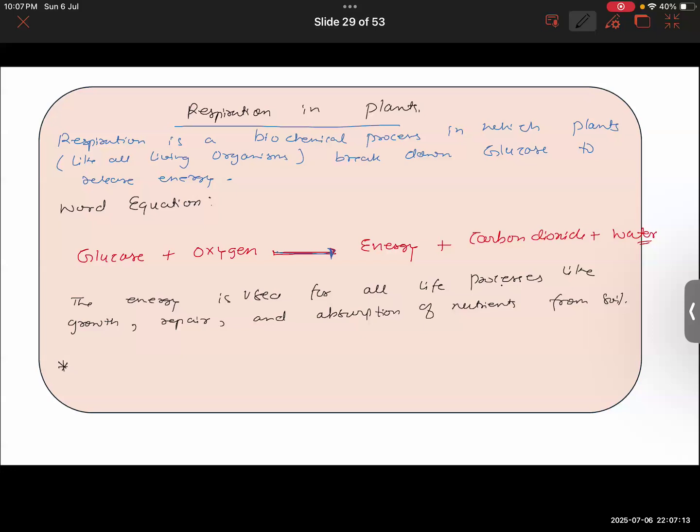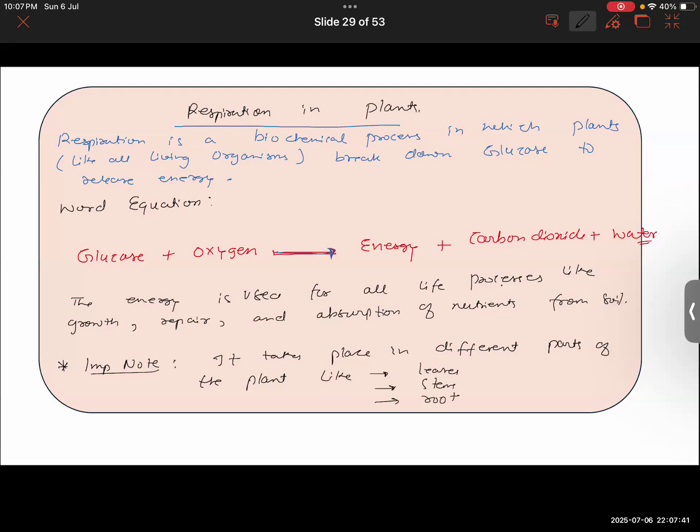So the important point to note down will be: it takes place in different parts of the plant, like leaves, stem, roots.